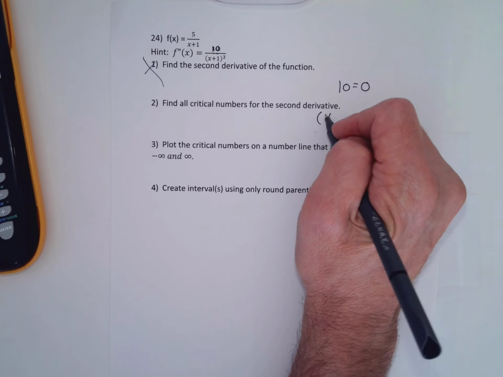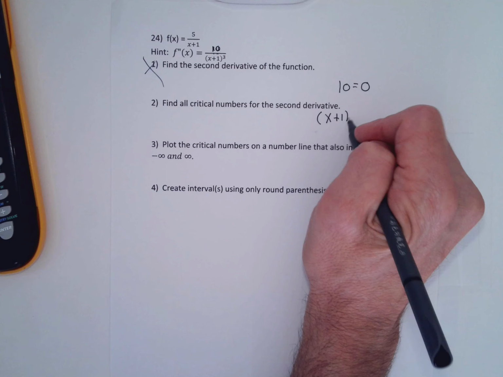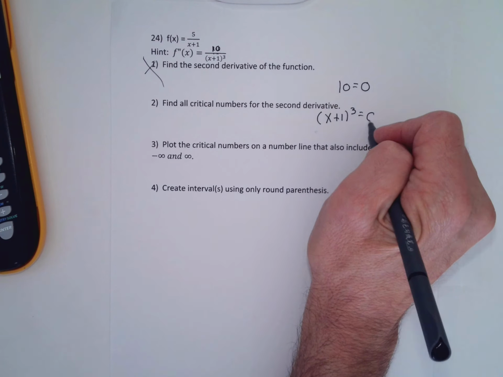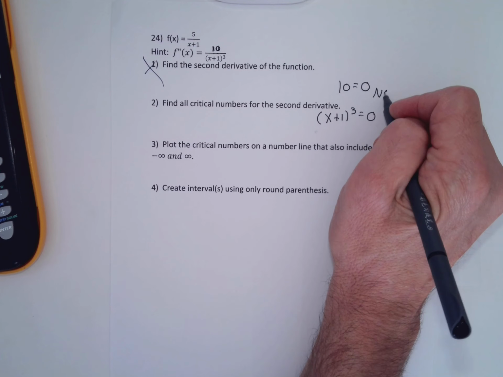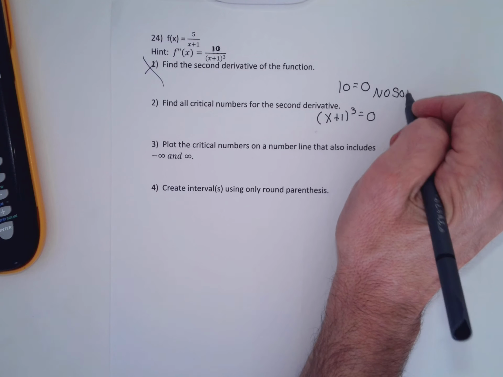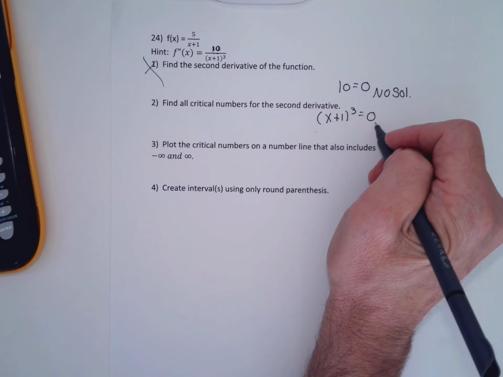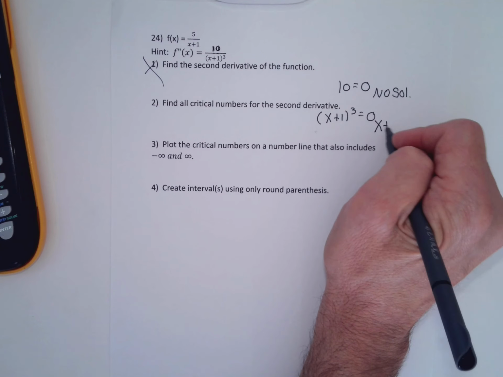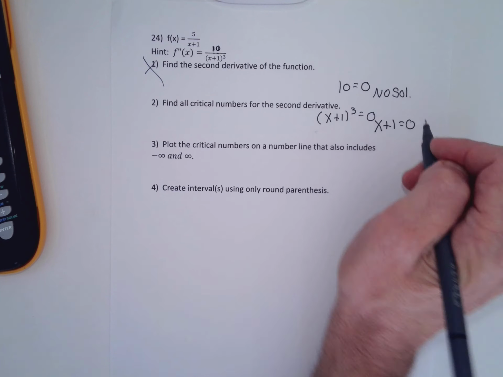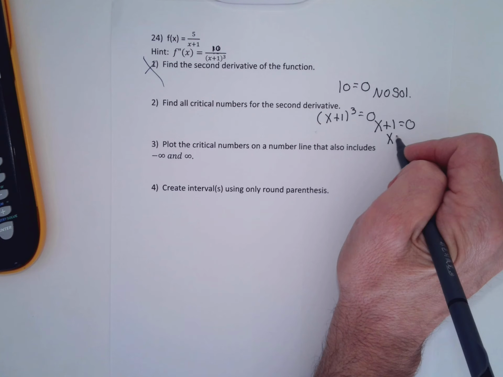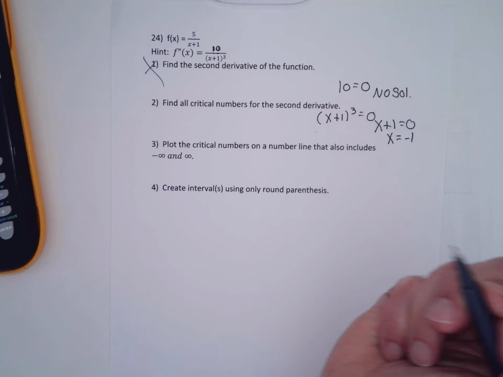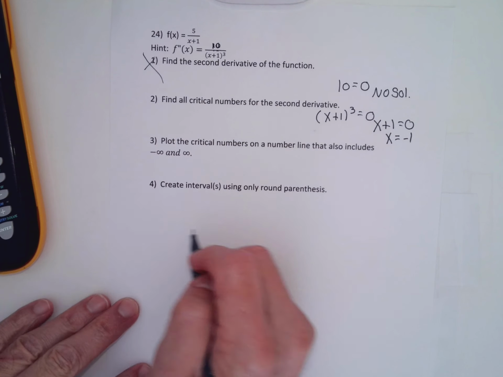I'm going to separately set the numerator and the denominator equal to 0. When I set the numerator equal to 0, it doesn't have an x, so I don't get a critical number. When I set the denominator equal to 0, it's enough just to set the inside of the parentheses equal to 0. Subtract 1 and get x equal -1 for my critical number.